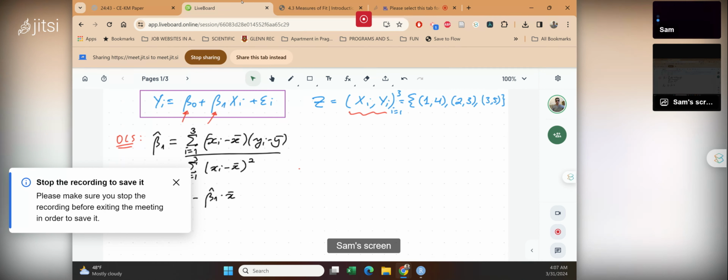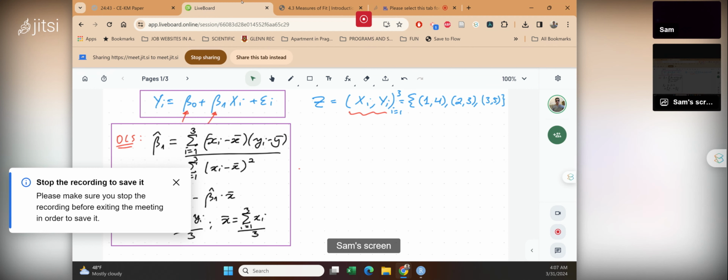Meanwhile, we know that y bar is equal to the average of the y's, and x bar is the average of the x's, right? Now let's put them within a rectangle here.